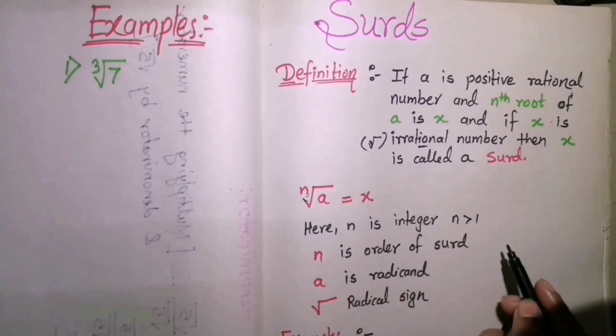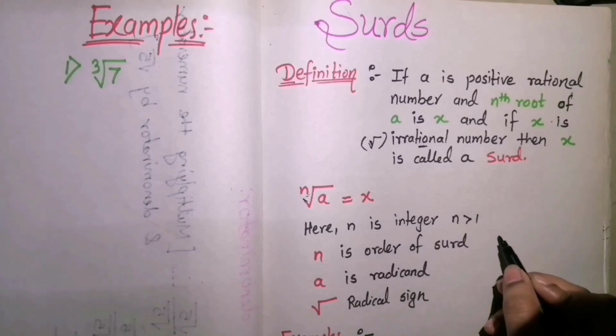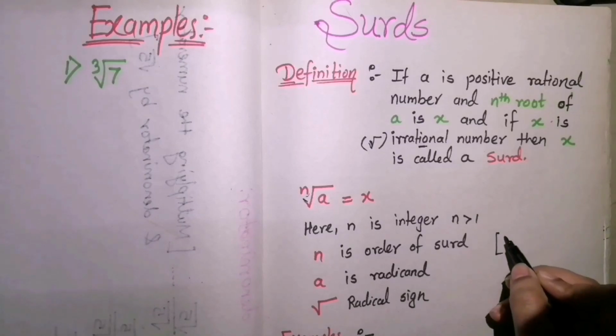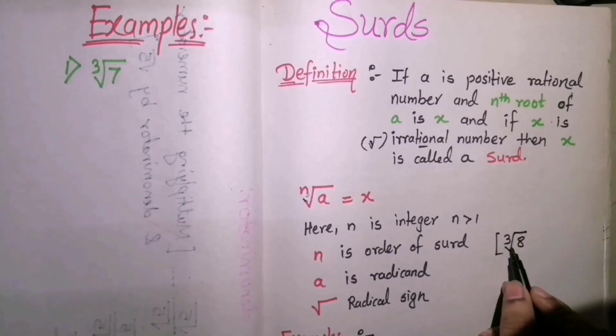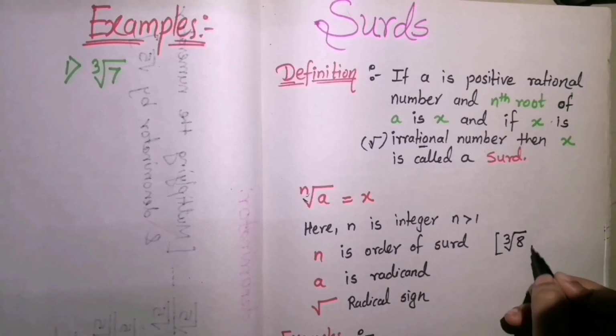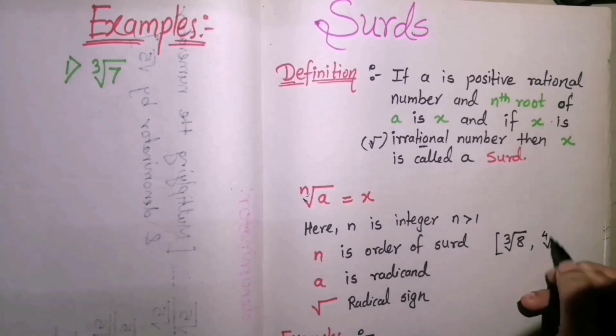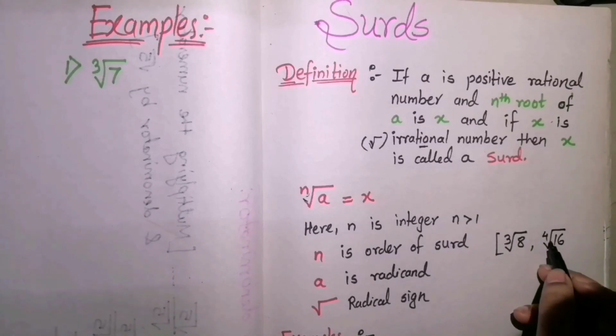Order of surds means, suppose I give an example here. Suppose I have the cube root of 8, right? How to read? It's the cube root of 8. Now we have another example, the fourth root of 16, right? So how to read?